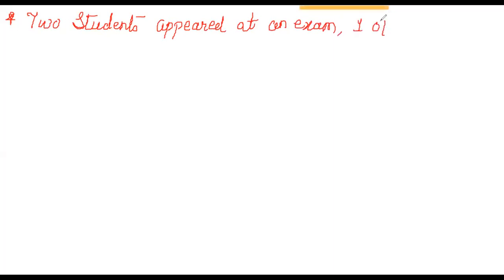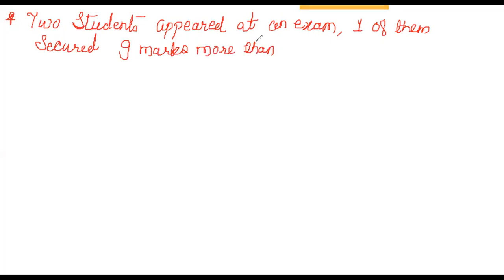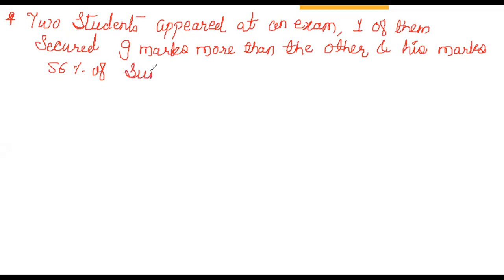One of them secured 9 marks more than the other, and his marks were 56% of the sum of their marks. Then find the marks obtained by them.